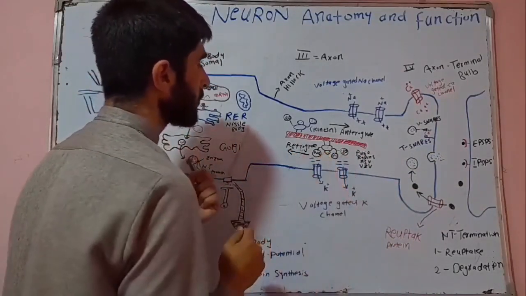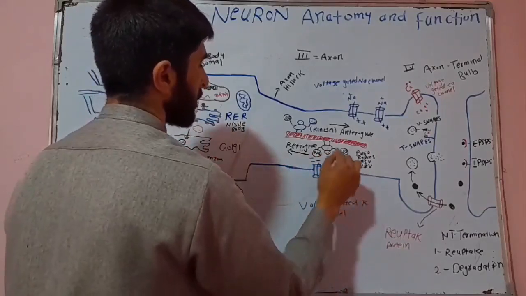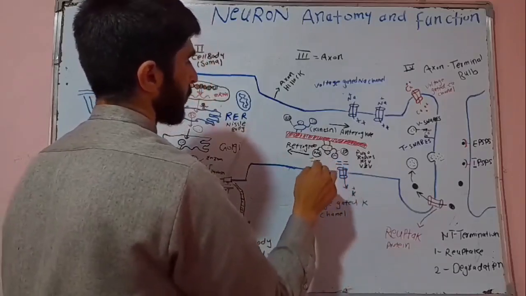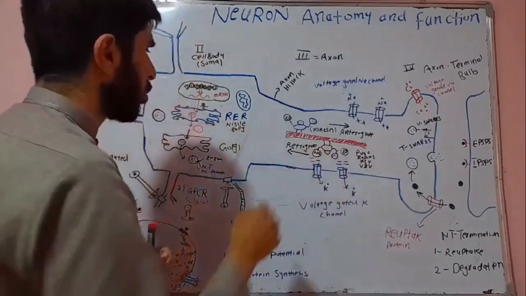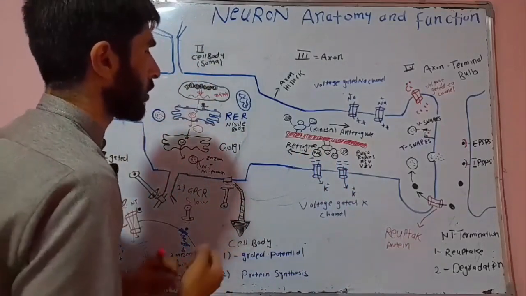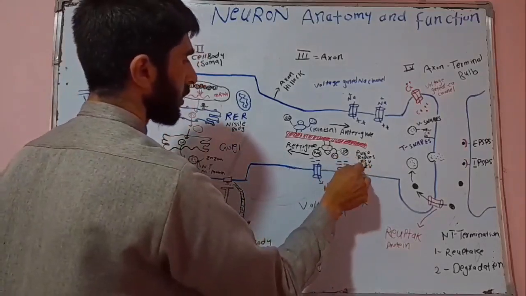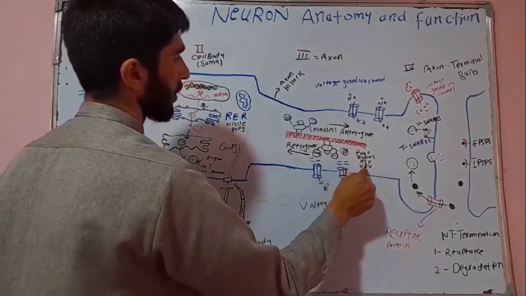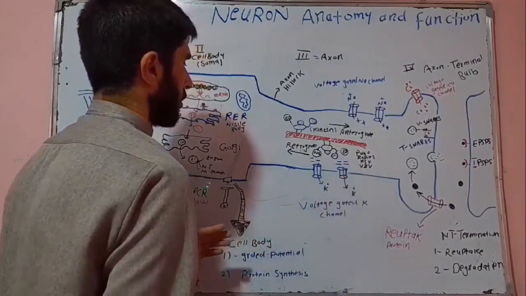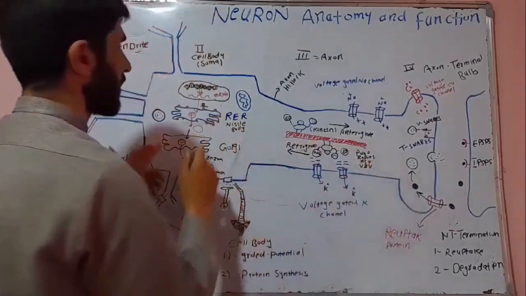Dynein will also transport some mitochondria, some vesicles, and some growth factor, some nerve growth factor. It may also transport some poliovirus, rabies, herpes simplex virus, and varicella zoster virus within the axon to the cell body.